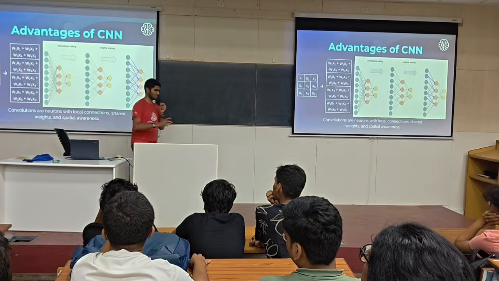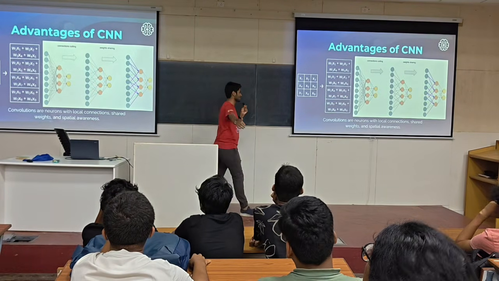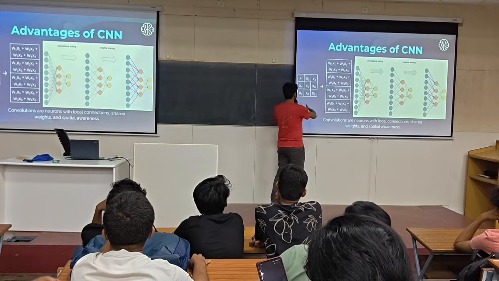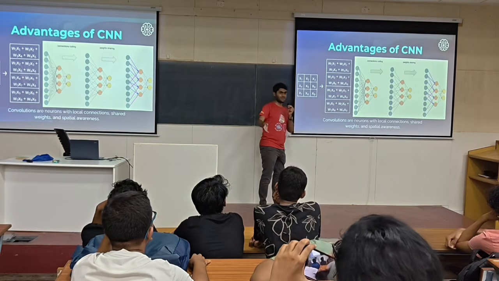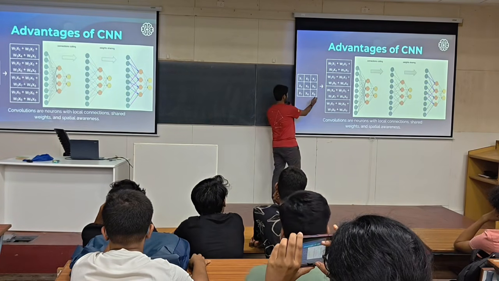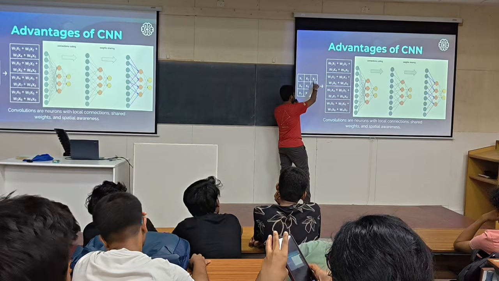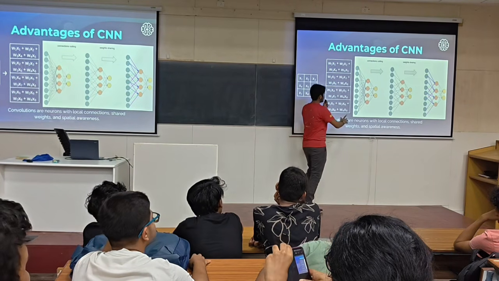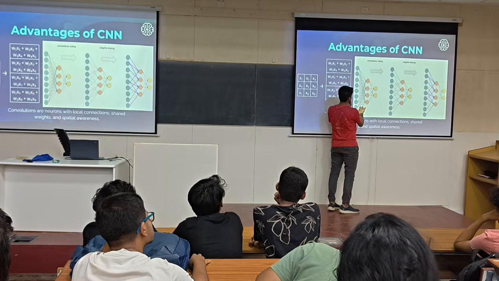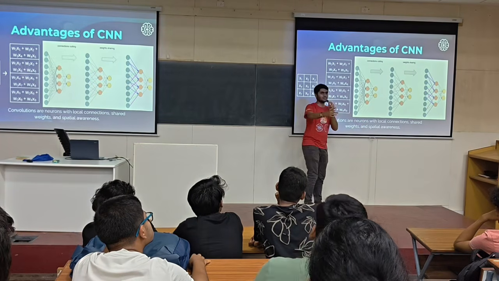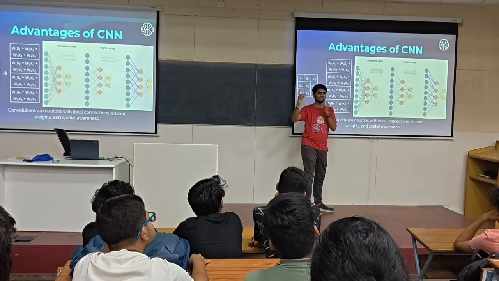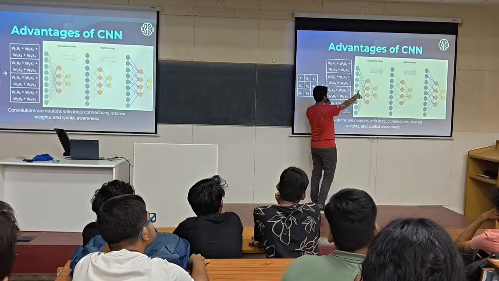Coming back to the point that was made earlier: how is this different from a neural network? You have 9 features, you are getting 4 features in the end, and each of them is a linear combination of these. So in my neural network, I have something like this. But one observation somebody made was that I don't have all these connections.